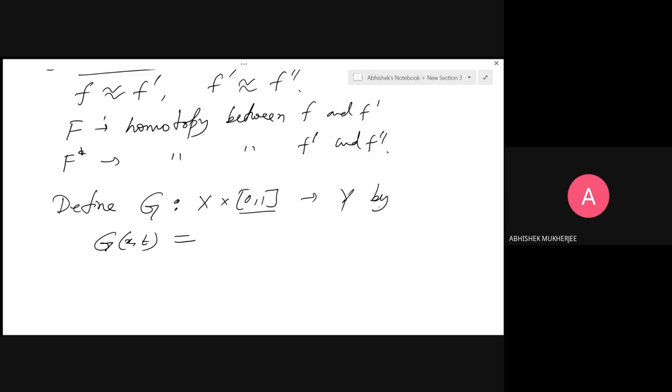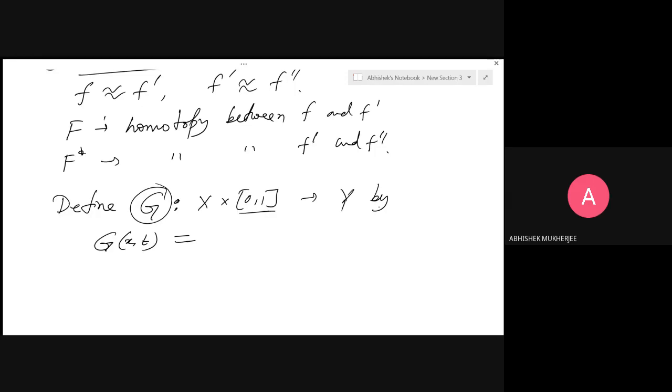From 0 to half we will accommodate the first homotopy, and from half to 1 we will accommodate the second one. Then we apply the pasting lemma, which will give you a continuous map G. This is our way of proof of this transitivity.